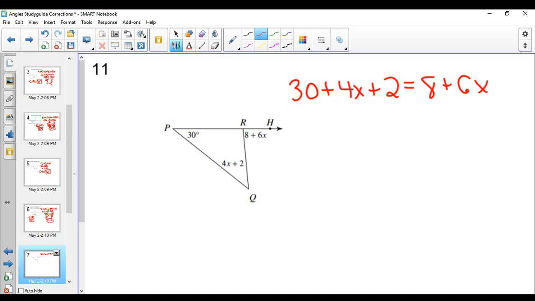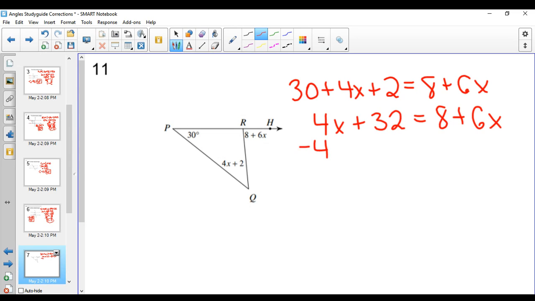Okay, the first thing that I could do is go ahead and add 30 plus 2 right here to get 32. So now this side I'm going to have 4x plus 32, and then on the other side we still have 8 plus 6x. Now again, I could choose either to subtract 4x from both sides or 6x from both sides, but I would prefer not to get a negative answer.